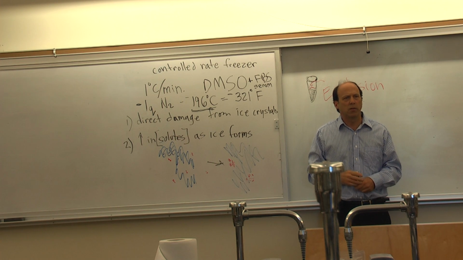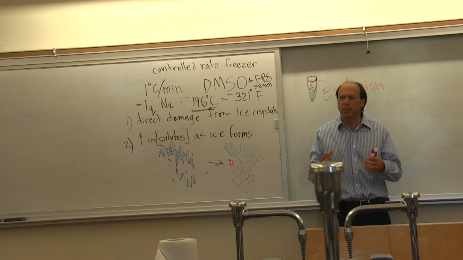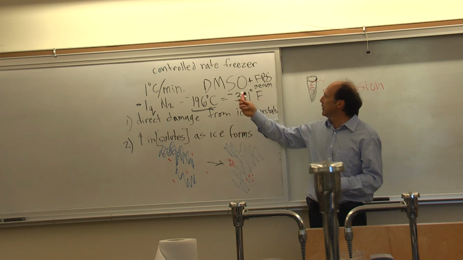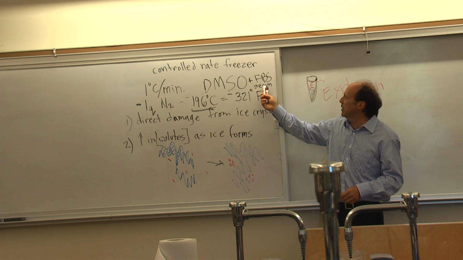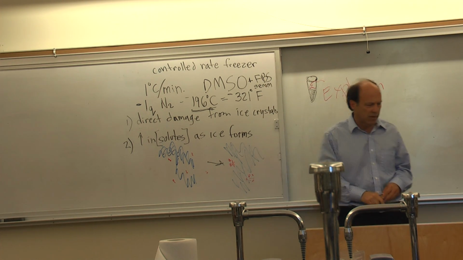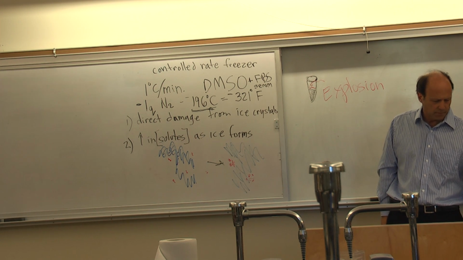Other things can be used: glycerol, methyl cellulose, polyvinyl pyrrolidone. These are viscous substances, so that helps too. Nonetheless, the DMSO seems to be one of the best, and the viscosity can be provided by this FBS, so that's a lot of what we use, and that's what you'll be using today.